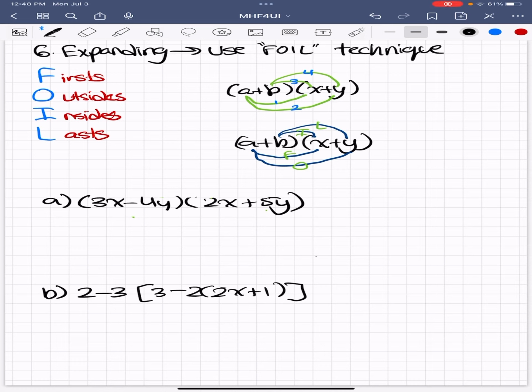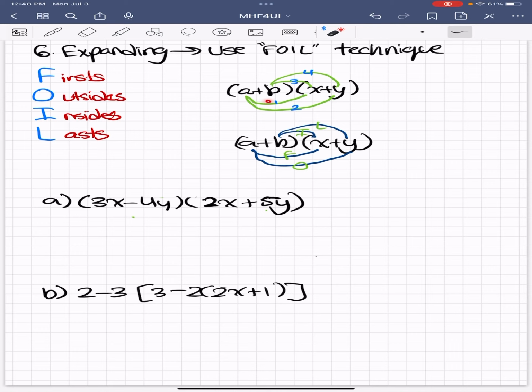That's expanding. Okay, so we have FOIL, which is firsts, outsides, insides, and lasts.